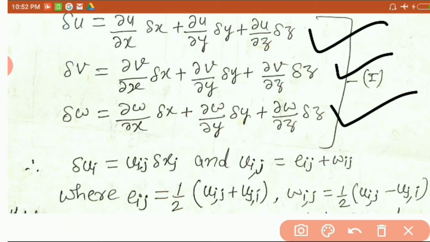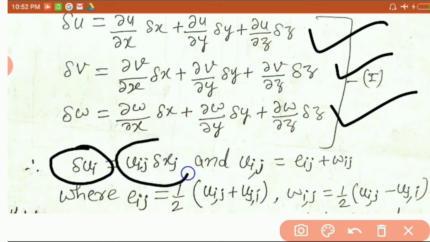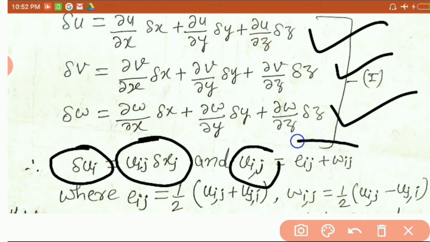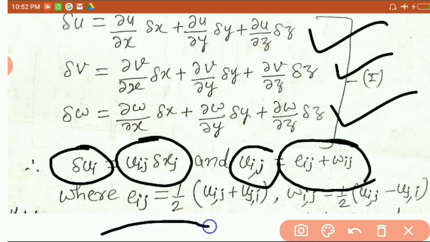And therefore we have delta ui is uij delta xj, and this we know uij is eij plus wij.